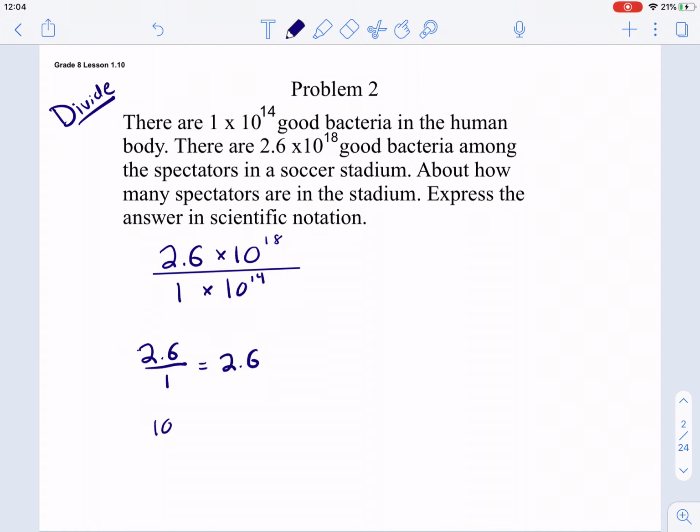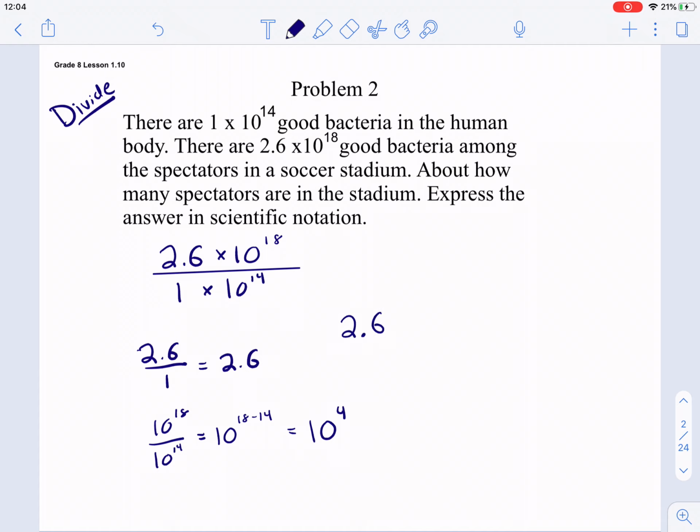Then I can look at the 10 to the 18th over the 10 to the 14th. I can use my exponent rules to divide these and subtract my exponents. 18 minus 14, and 18 minus 14 is 4. So it's 10 to the 4th power. Then I can take my numbers and combine them.